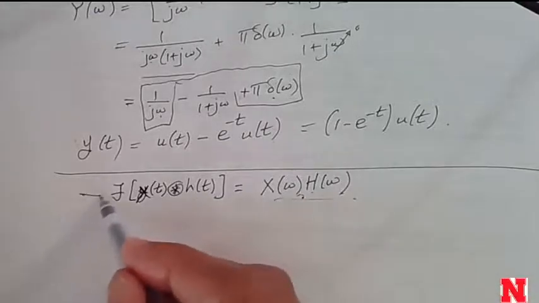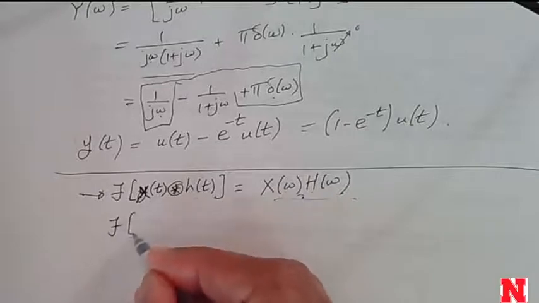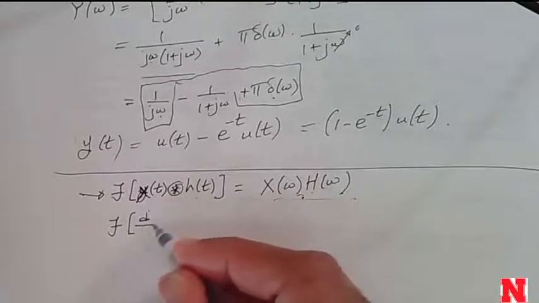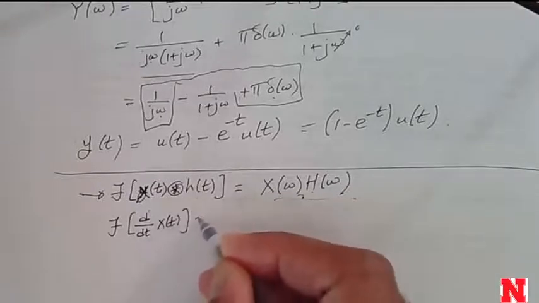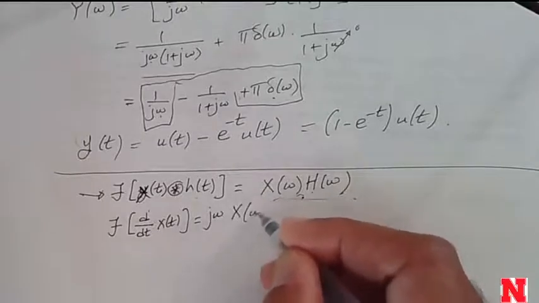Then we looked at the differentiation property, which was that the Fourier transform of the derivative of x of t is equal to j omega times X of omega.